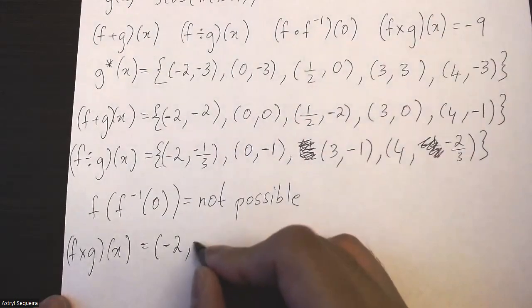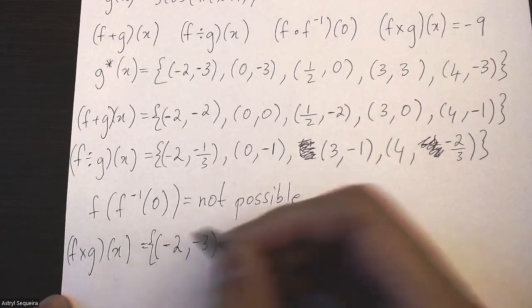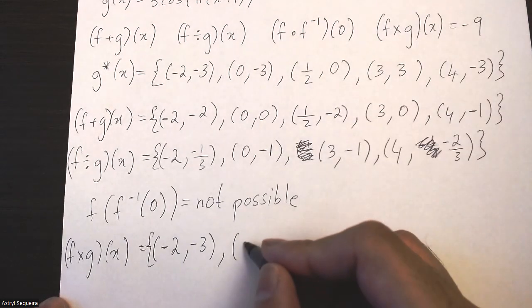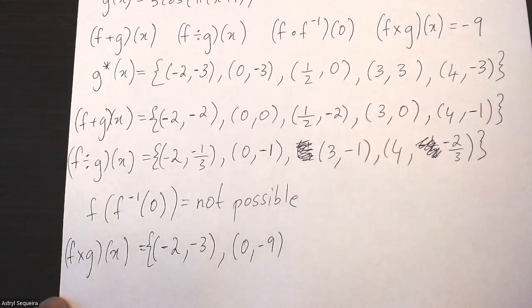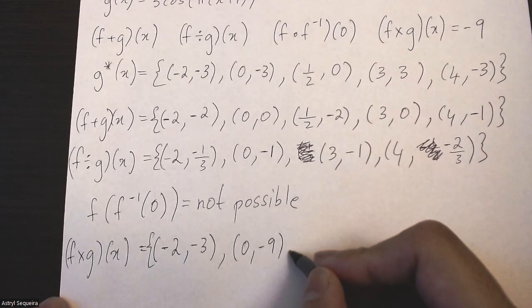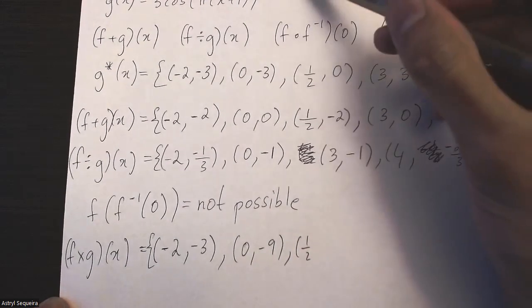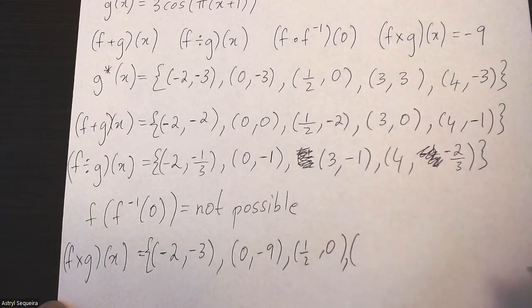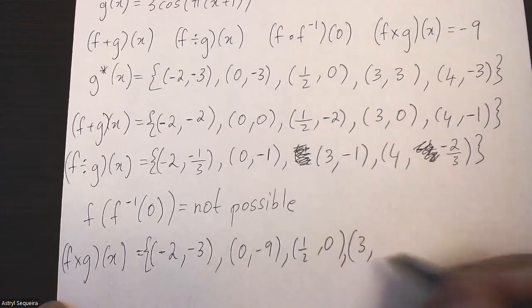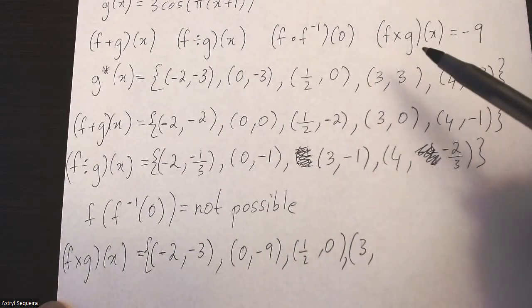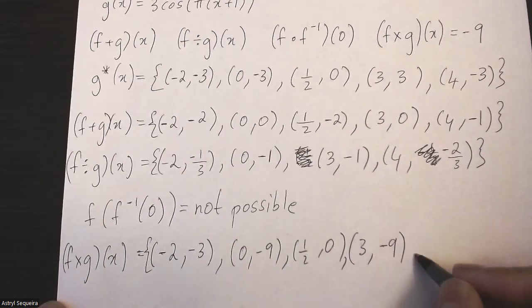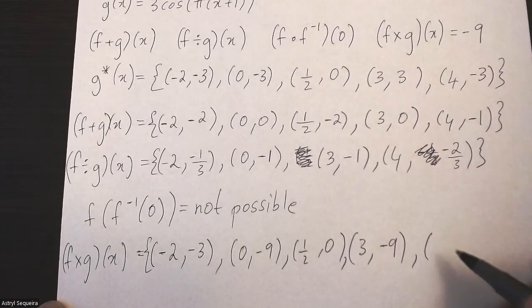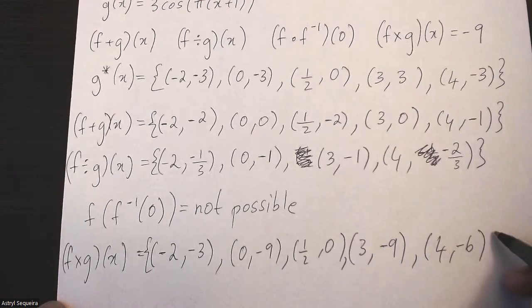So 1 times -3 is -3. 3 times -3 is -9. -2 times 0 is 0. -3 times 3 is -9. And 2 times -3 is -6.